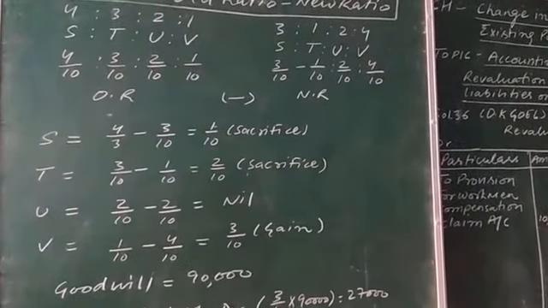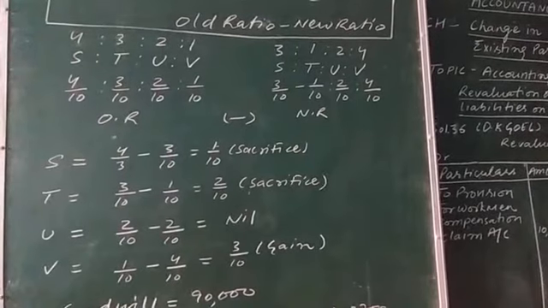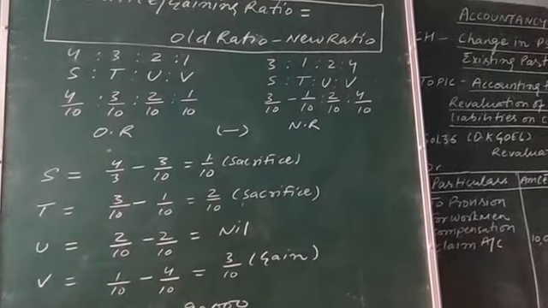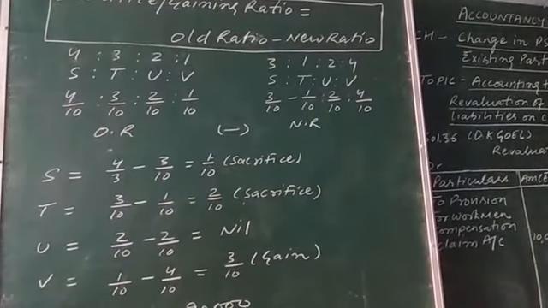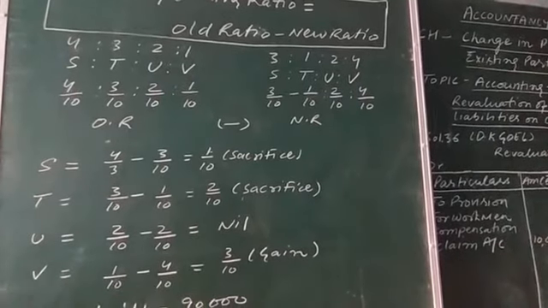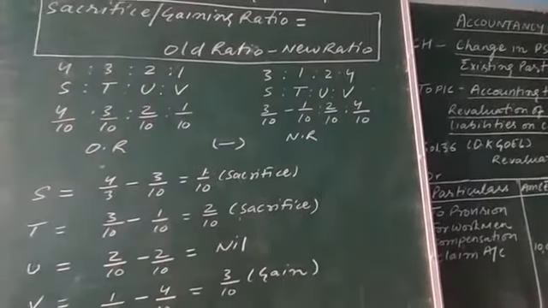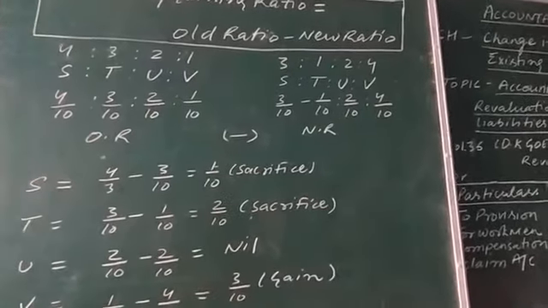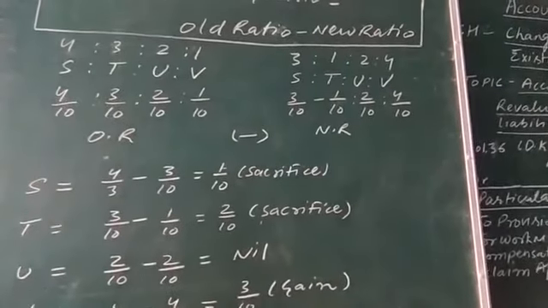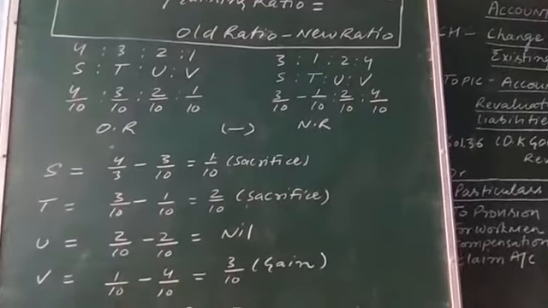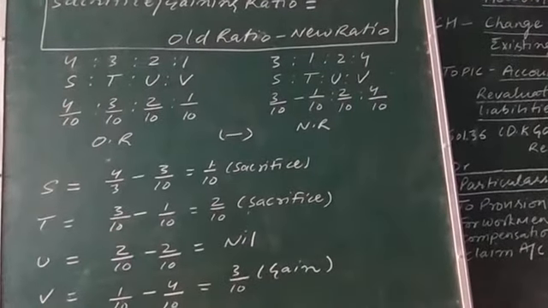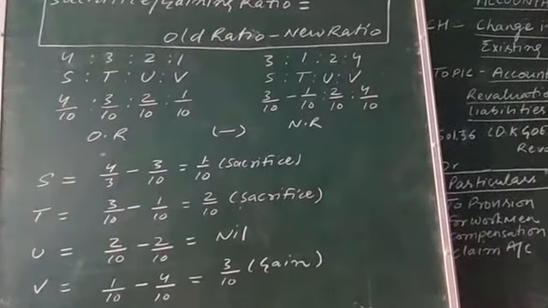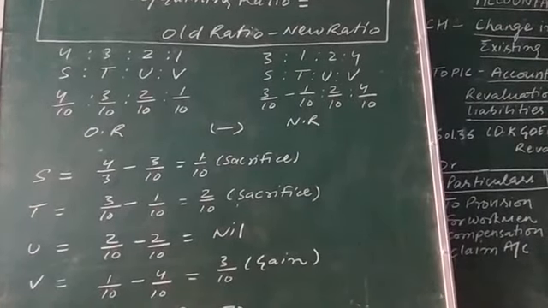Okay, right. See, I have just calculated sacrificing or gain for all the partners. As old ratio was 4/10 and new 3/10, subtracted from each other, the result is 1/10. It is in positive figure, then it means the partner S is sacrificing.